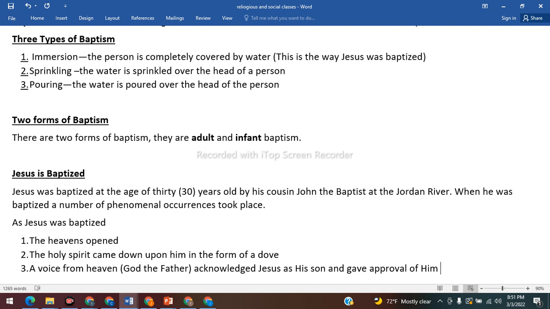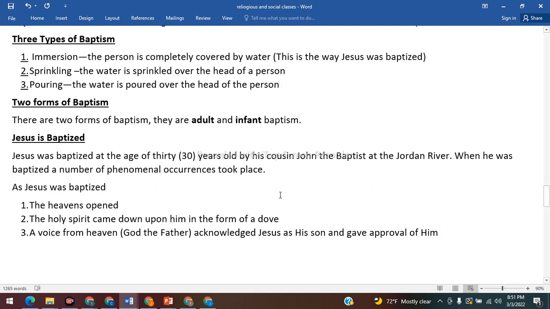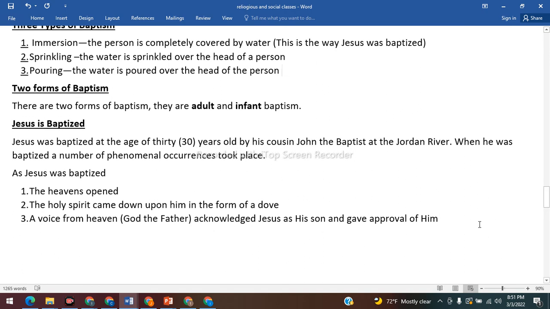That's wonderful, right? God the Father saying, this is my son. Way to go, keep up the good work. You're my son, and I'm cheering you on. You're doing what I asked you to do. That's really comforting. Jesus must have been very happy when his father said those words of commendation.